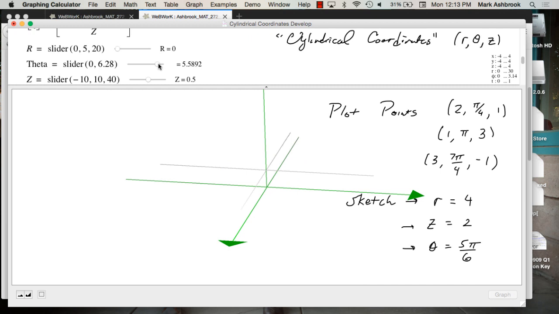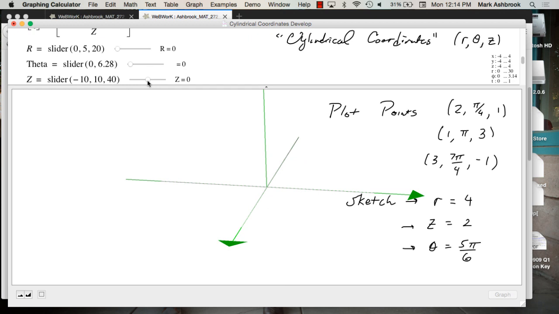So, a circular cylinder with radius 4. That's just a circular cylinder with the z-axis as the central axis, a vertical cylinder. What about z equals 2? Horizontal plane at height 2. It's the same z equals 2 as in Cartesian coordinates.